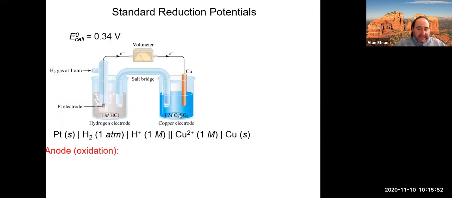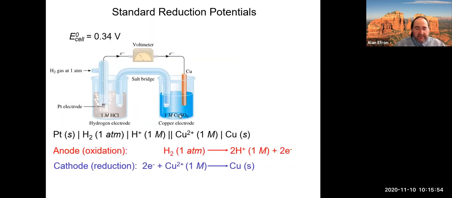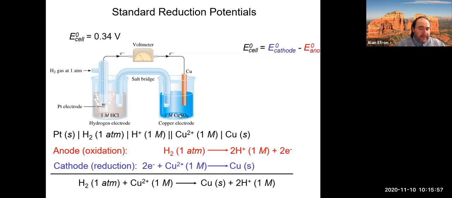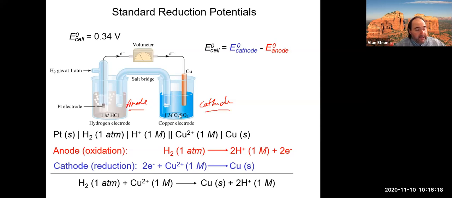So they also, as you can see here, hooked up our standard hydrogen electrode to copper. And again, in this particular case, our standard hydrogen electrode is our anode, and our copper is our cathode. And what this also demonstrates is anything could technically be the anode or the cathode. So you potentially could make anything either one. In certain cases, the galvanic cell will work okay.